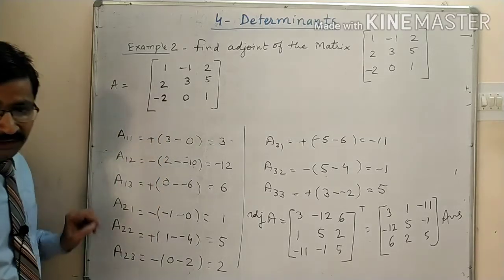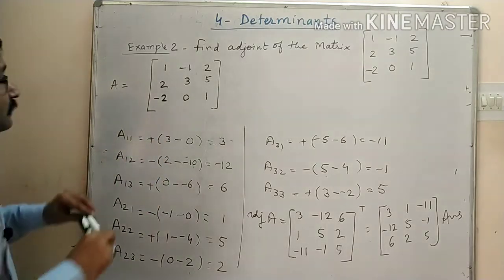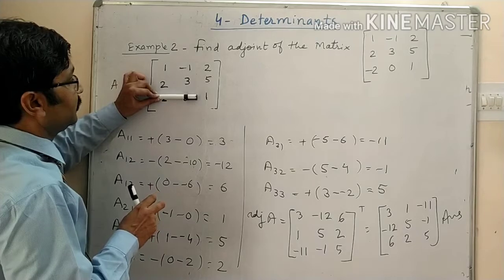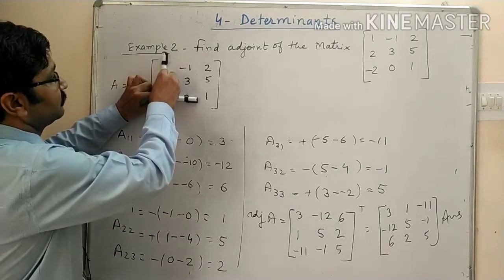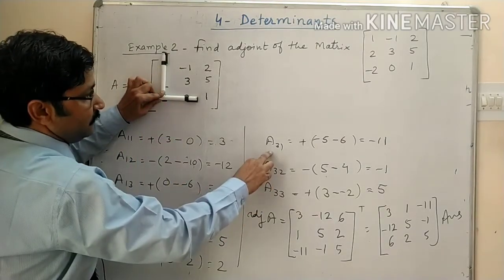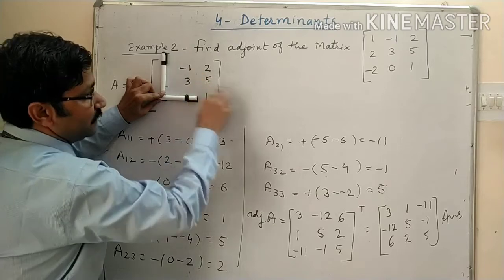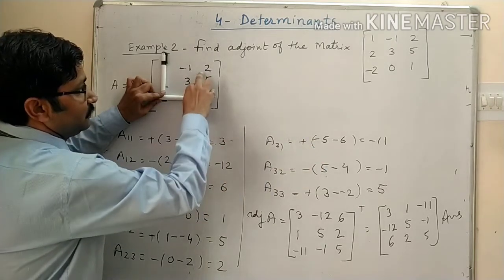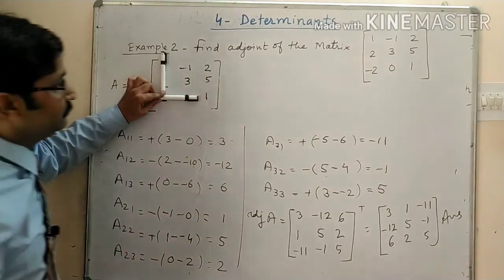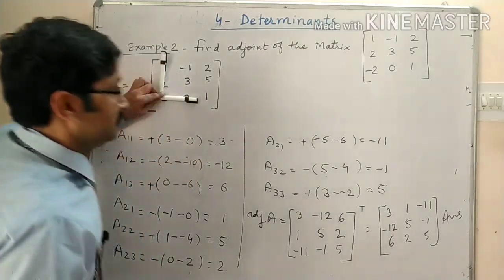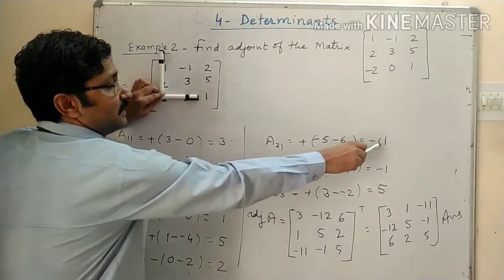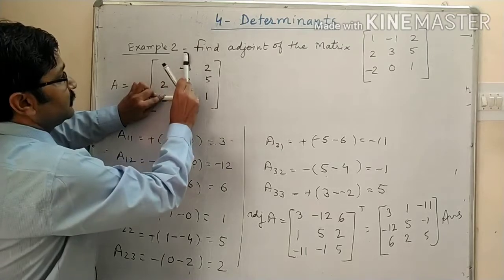Similarly, for the third row, how can we find it? You can check. For the third row, first of all you will not take the first column. So look here, you get A31. A31 means minus 1 into 5 is minus 5, and 3 into 2 is 6. So you have minus 5 minus 6, that is minus 11. Now you will not take the second column.